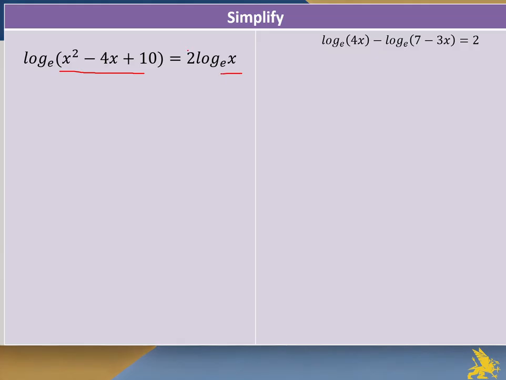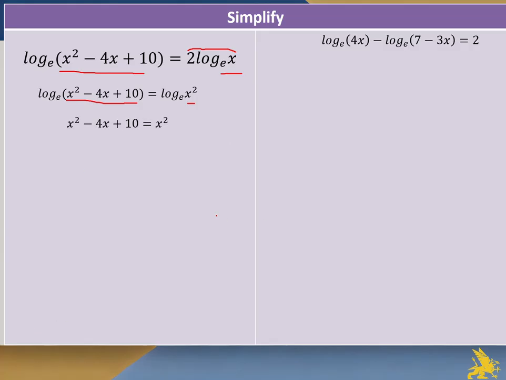So I'm just going to grab this 2 and put it over here on the x. So that will give me log e x squared minus 4x plus 10 is equal to log e x squared. Because I've done that, that means straight away I know what is in this bracket is going to be equal to x squared. So then I am able to write an equation.